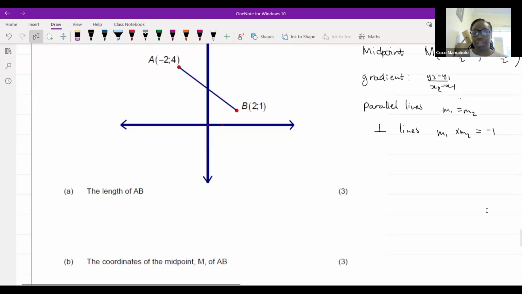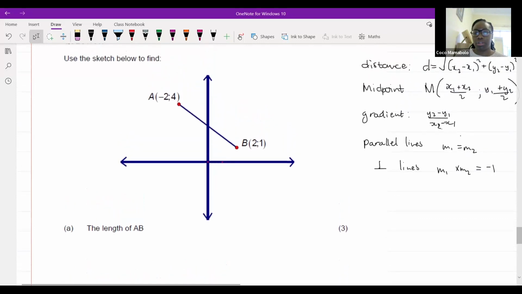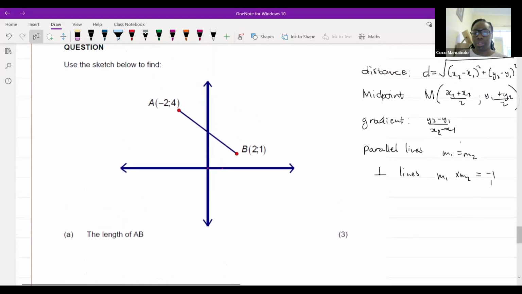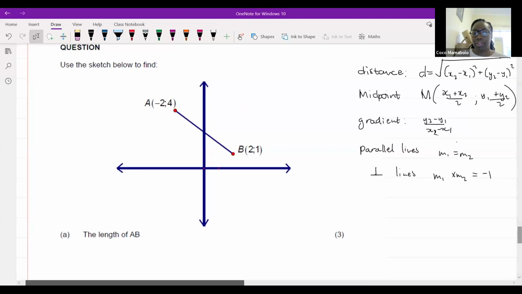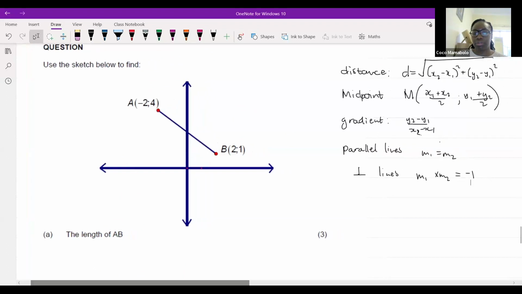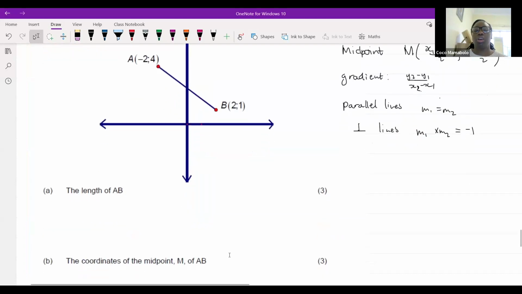Scroll up, you mean to the other question or to the formulae? Is that enough? Oh, scroll down.